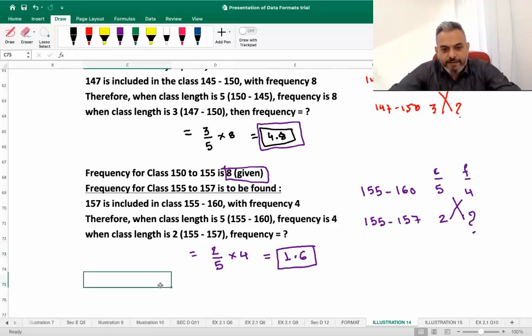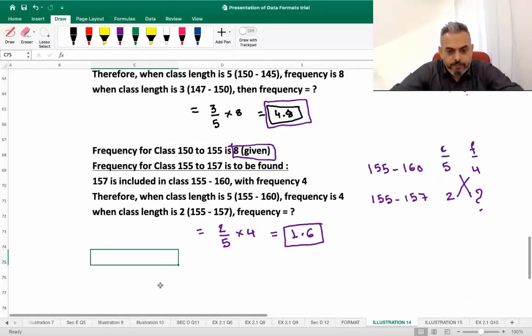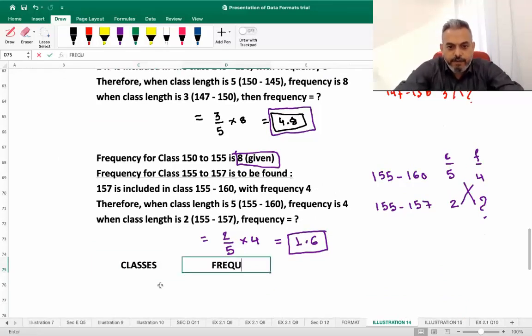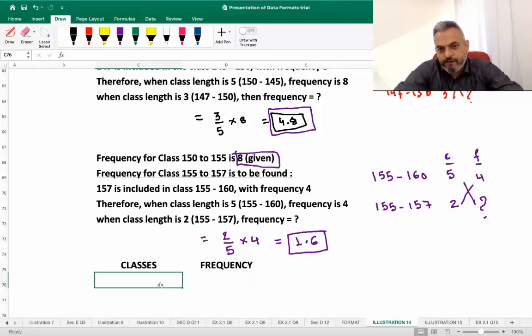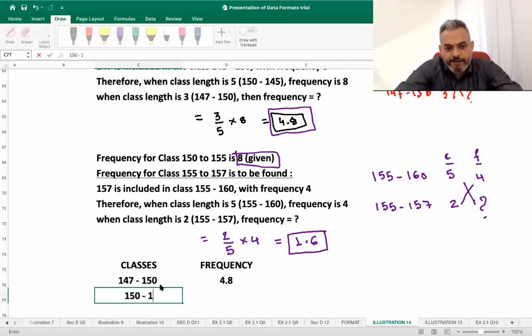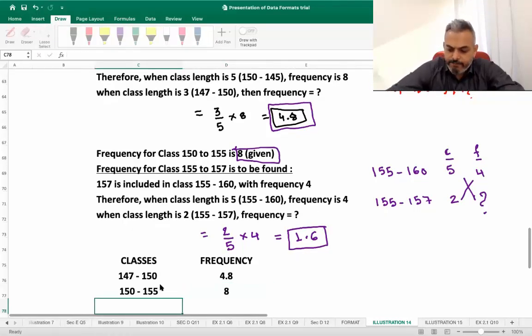So now I once again write my classes and frequency. My first class will be 147 to 150. Frequency is how much? 4.8. Then 150 to 155. Frequency is how much? 8.